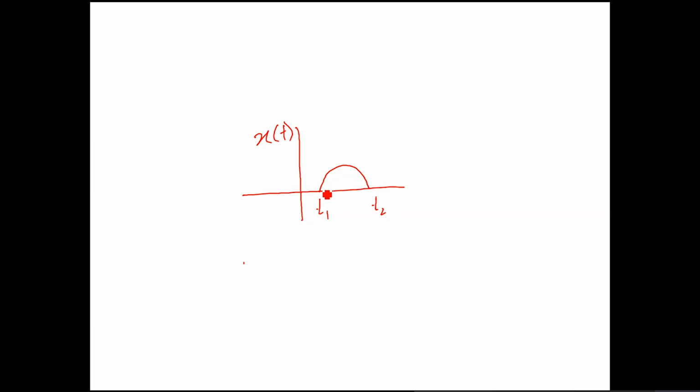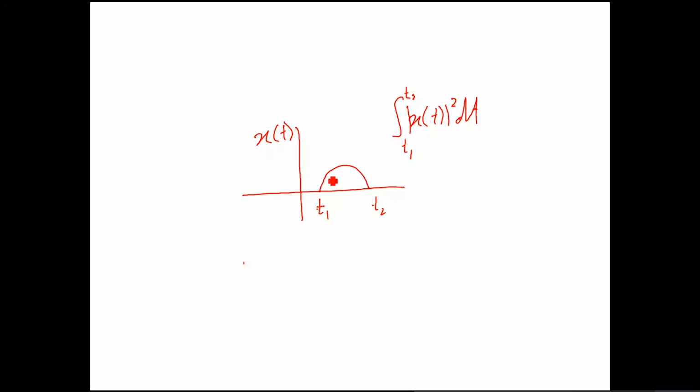Now, if you want to find out its total energy, we just take the integration of x of t square dt from time t1 to t2. And that is going to give us the total energy from t1 to t2.